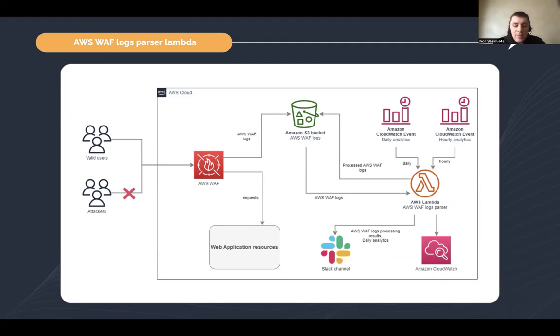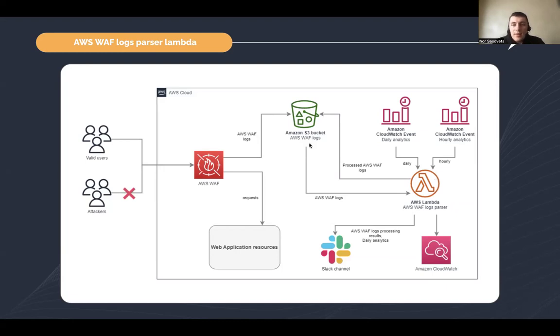In many cases, attackers may split their attacks into certain chunks. They won't send you 100 requests at once. Instead, they will send you 5 requests per hour, and you will be able to track these attacks as well and react to them.